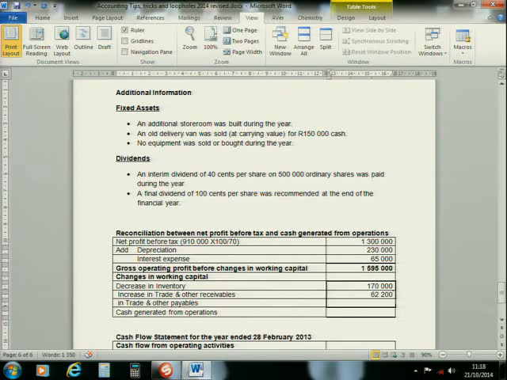It means a decrease in cash, and therefore you need to put this in brackets. Remember the relationship again. An increase in assets means a decrease in cash. So we need to put that in brackets, right? Let's move on.